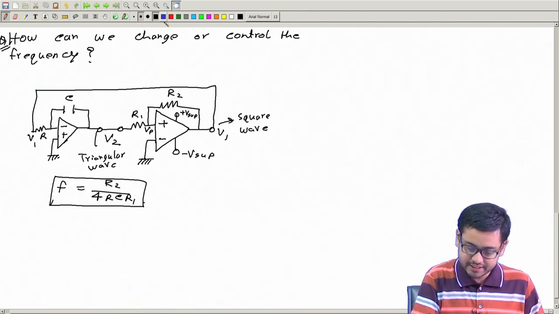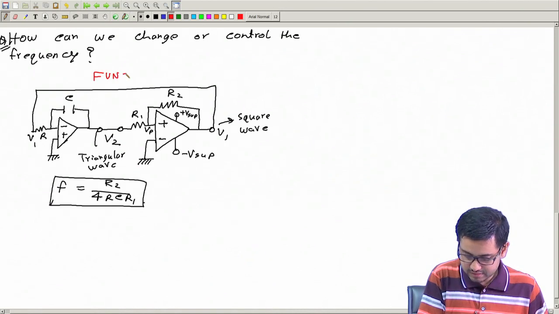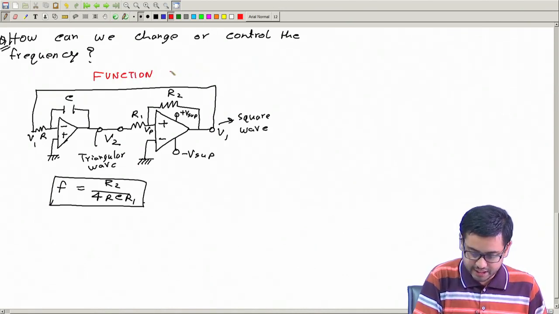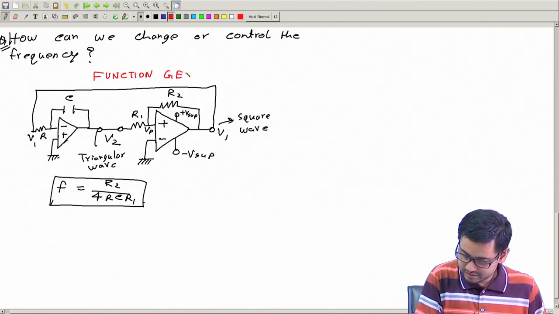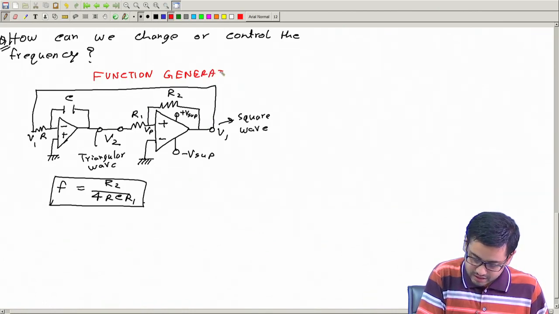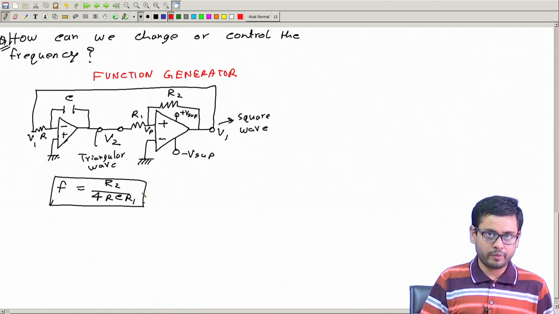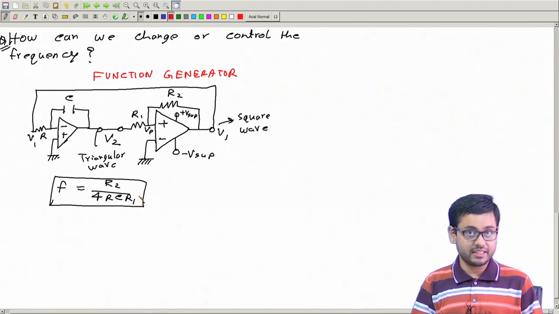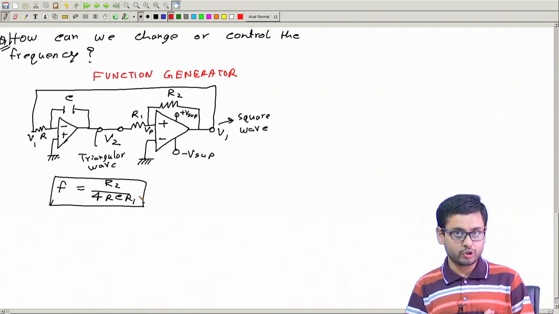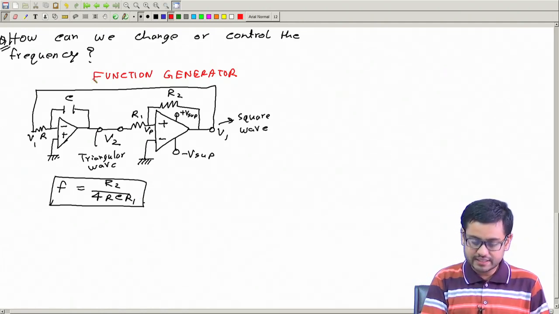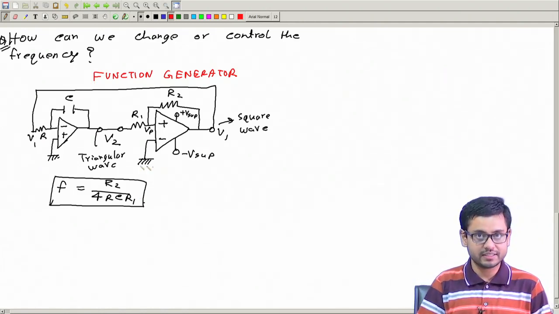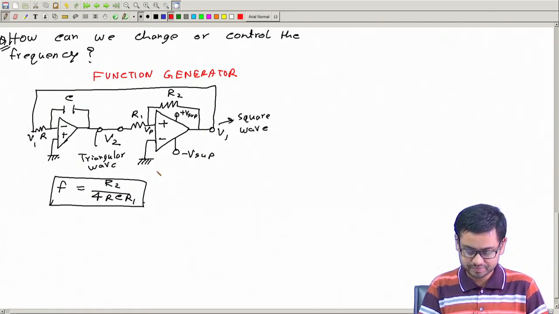And we want to now change the frequency. In a function generator in our lab, we have this control to change frequency, amplitude, etc. So let's ask, how can we modify this circuit so that the frequency can be changed?